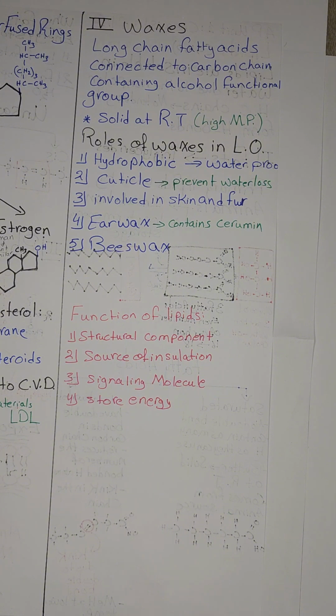But lipids are also a source of insulation, as in triglycerides, and they play an important role as long-term energy storage, again as in triglycerides. But they also play signaling roles, or they are signaling molecules, as in testosterone and estrogen, the hormones, and how they signal certain reactions or a cascade of reactions in cells.